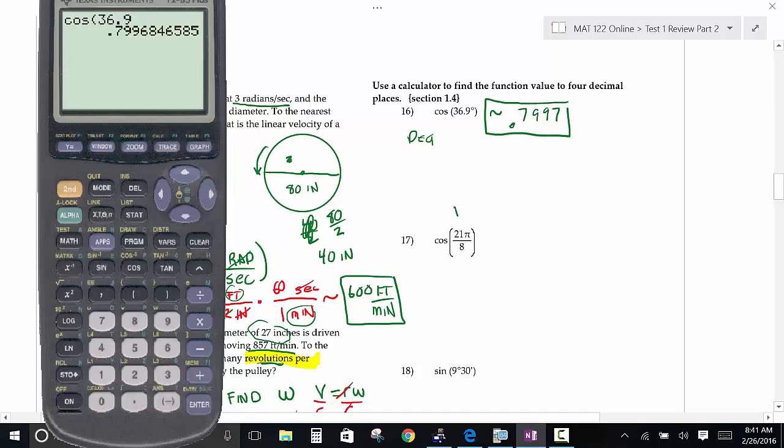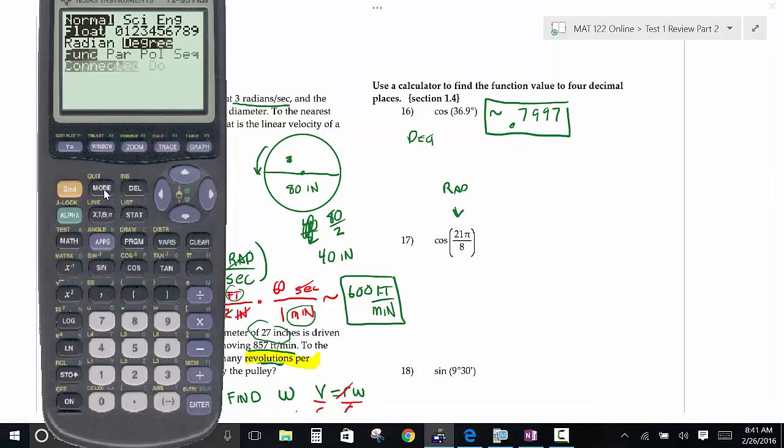Okay, next problem, you are in radians. So you got to go to your mode button, change to radians. You just get the cursor blinking on radians, then press enter. So now you're in radian mode. Now we want to press the cosine of 21 pi, and just use the pi key for accuracy. 21 pi divided by 8.